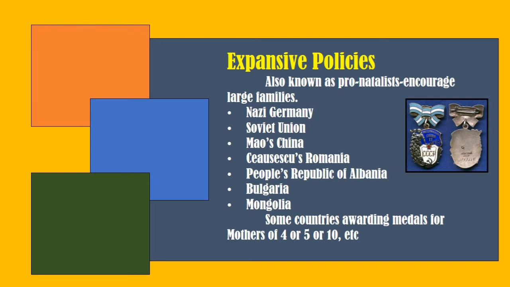We have the Soviet Union before, China under Mao, then Ceausescu in Romania. You have People's Republic of Albania, Bulgaria, and Mongolia. There are even countries that give awards, medals for mothers of 4 or 5 or 10 children or more.